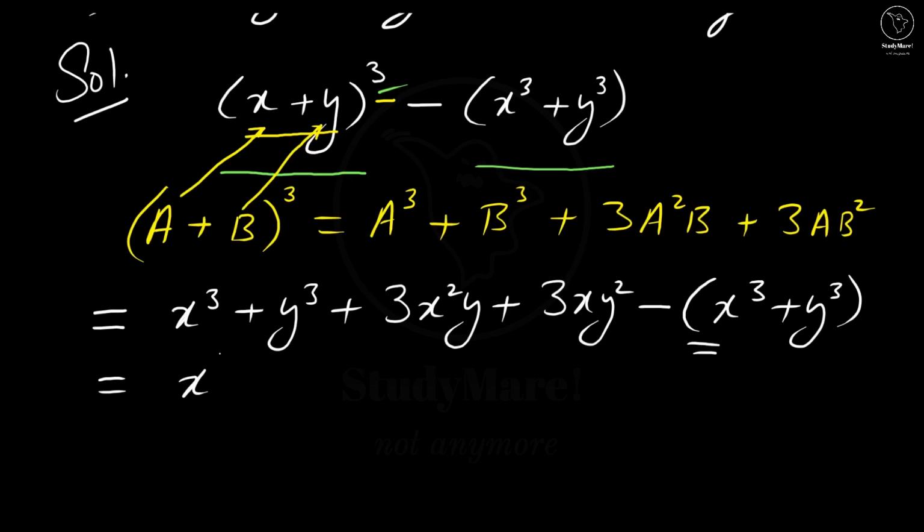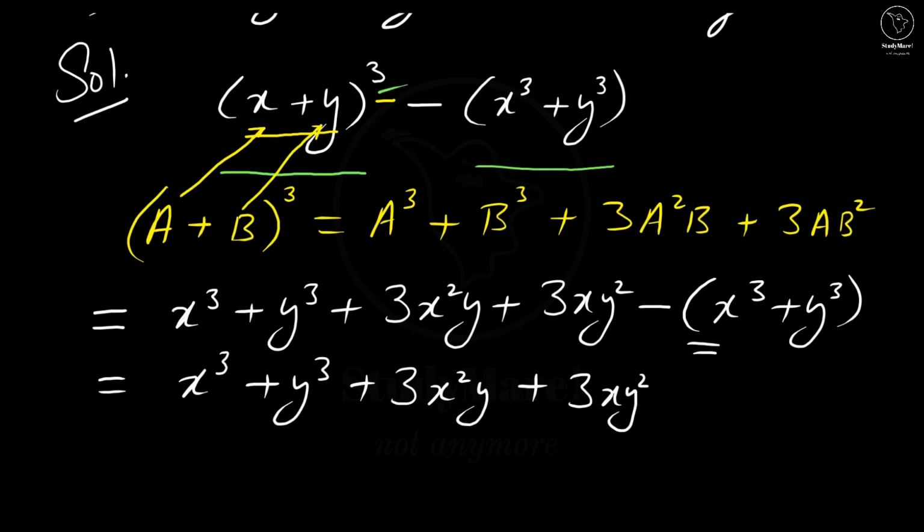So here we have x cube plus y cube plus 3x square y plus 3xy square minus, since there is a minus outside the bracket, the sign of all the terms inside will change. Minus will become plus, plus will become minus. So the first term, plus x cube, will become minus x cube. Same way, plus y cube will become minus y cube.